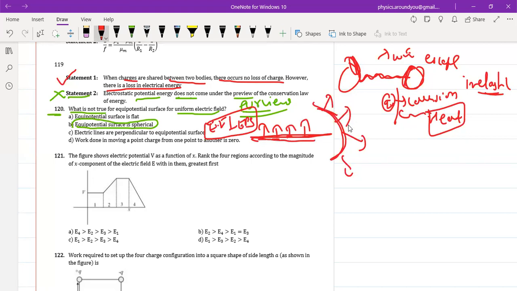Here, the electric field is in different directions, therefore the equipotential surface is spherical. But it is a uniform electric field, so that statement is not correct. Equipotential surface is flat. I won't even bother looking at C and D since B is not true. Therefore, it is the right choice for 120.